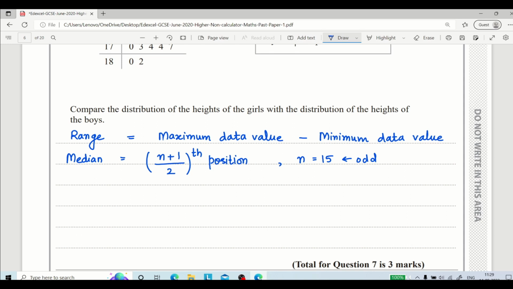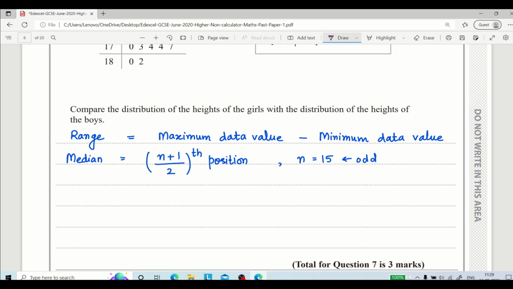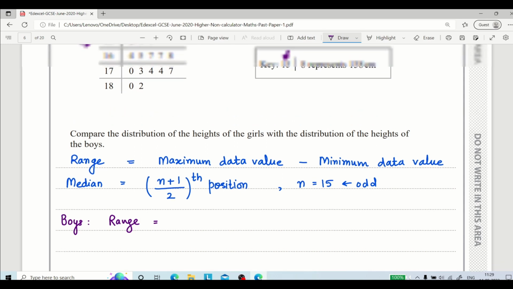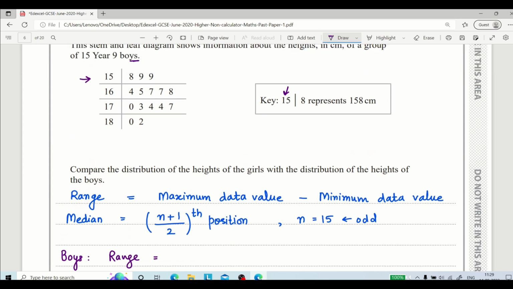Okay, for boys. So now let's get started. Let's calculate the range and median. So the very first thing, for boys, let's calculate both. Range. So for example, here if it is 8, which means 158.